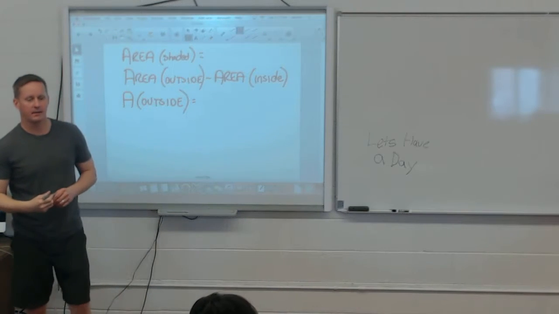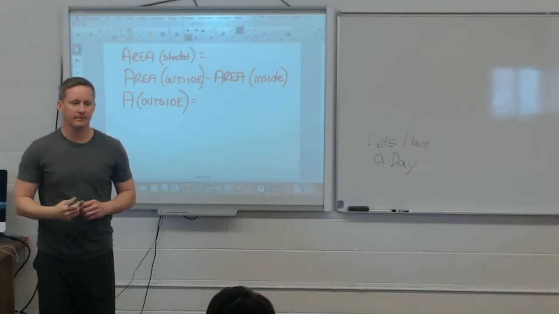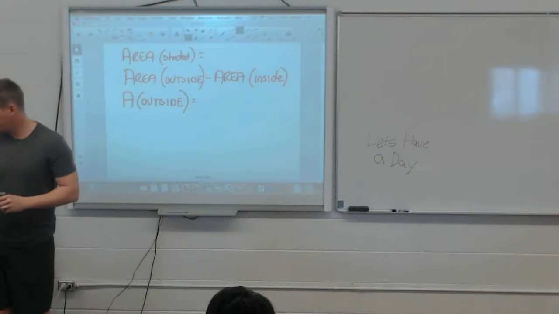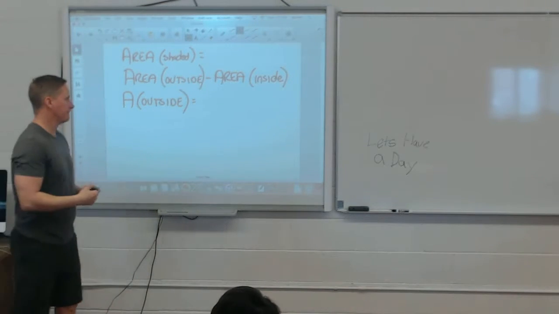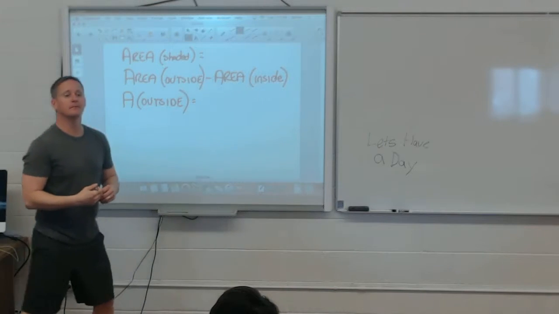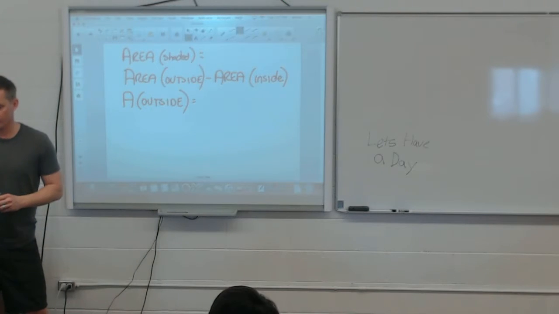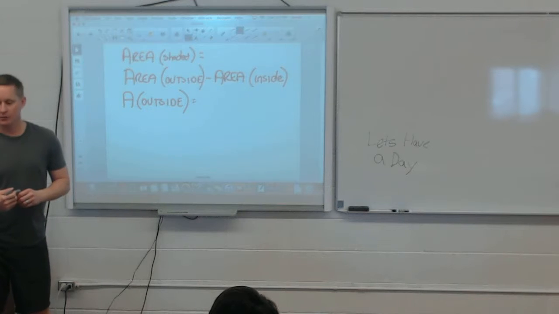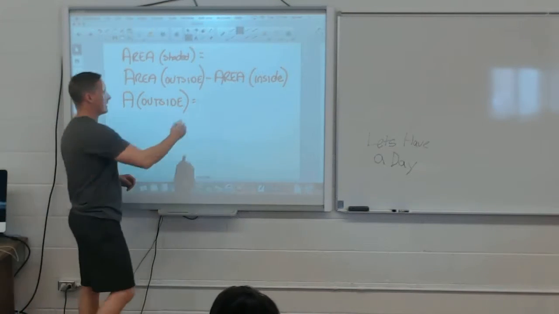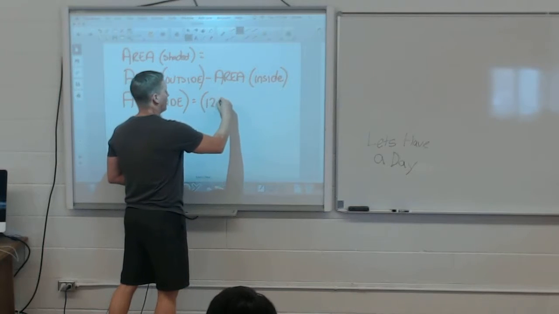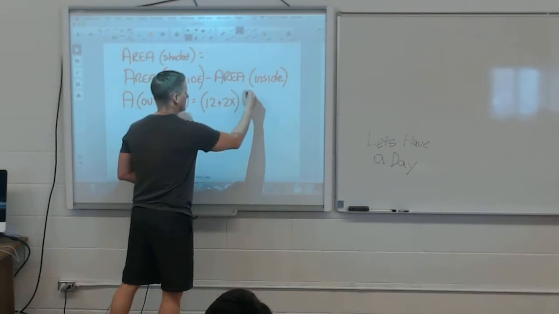Area of the outside can be found by, what is the length of the outside? 2x plus 12. What did you get? 12 plus 2x. Because you have an x on each side of it, right? So exactly, I have 12 plus 2x.